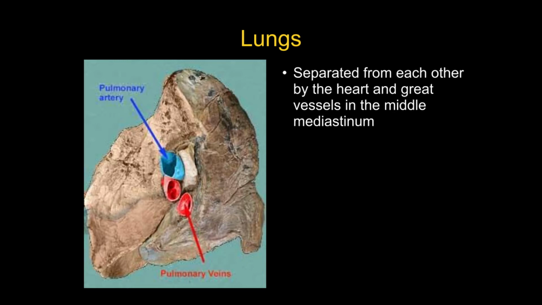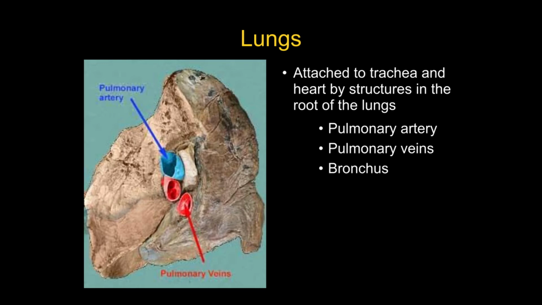Between the lungs is the mediastinum. The bronchi are connected to the trachea inside the mediastinum, and the pulmonary arteries and the pulmonary veins likewise connect to the heart inside the mediastinum.